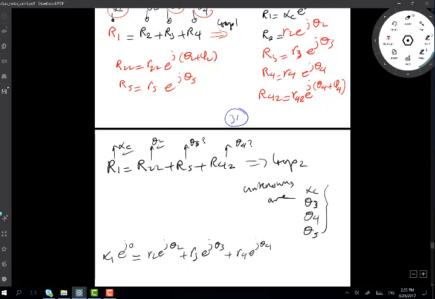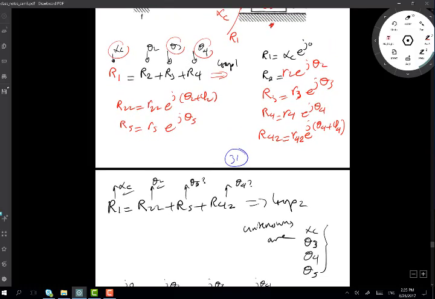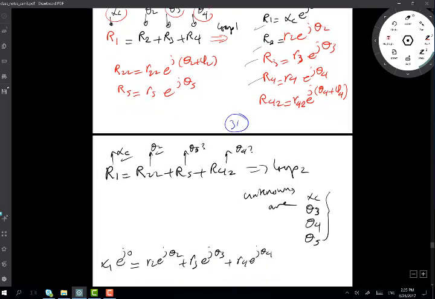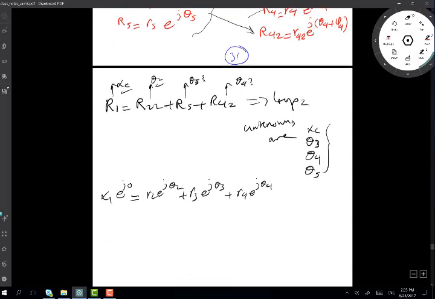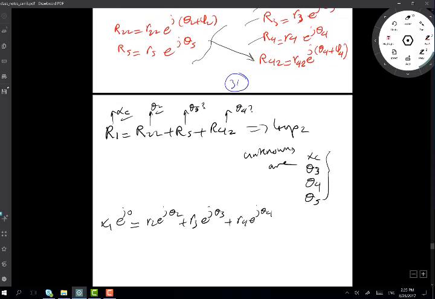This is my first equation, right? And then my second equation, I use those 3 vectors plus R1 again. So my second equation has in it R1, which is x1 e^(j0).